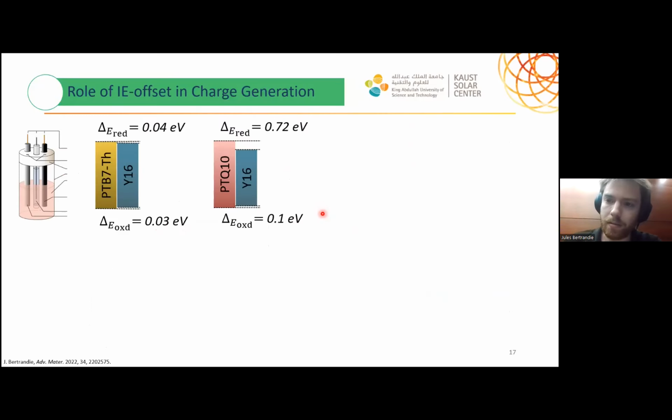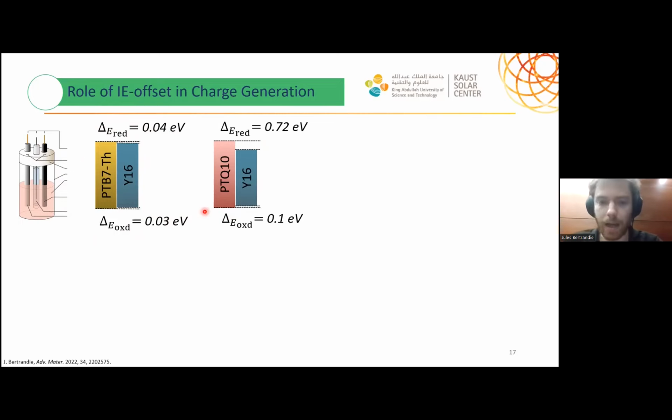But here, to give you a better feel for how it is, you have two blends here. So you have the PTB7TH Y16 and PTQ10 Y16. When we measured with CV, you see there is no offset. Even for the HOMO offset and LUMO offset, you don't see any offset.